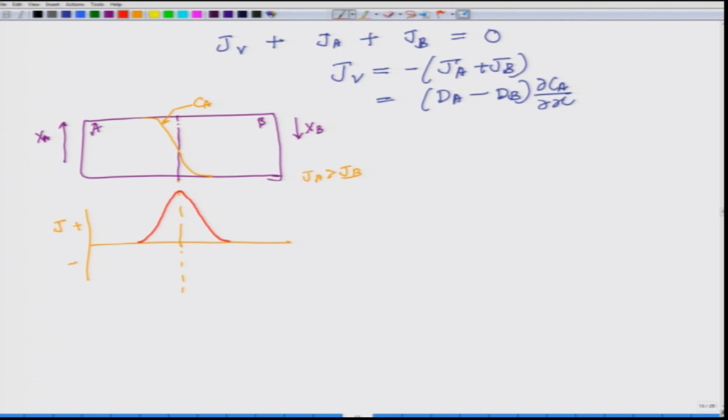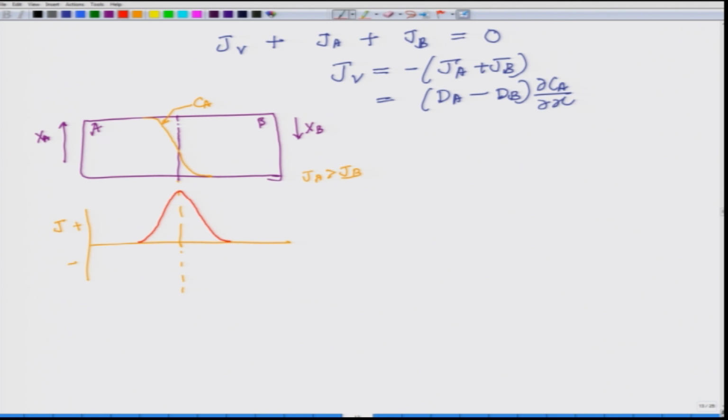As you remember, J A will be proportional to del C A by del X. Therefore, we have to take the concentration gradient. So, the gradient is highest at this point, the flux will be highest at this point, and it is lowest at these points. So, this is about A.